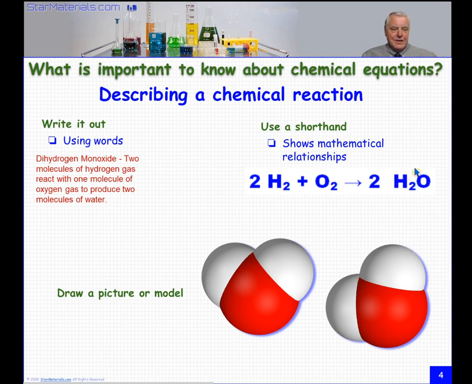We have two H2O: H1, H2, O, one molecule. So we have two of these. Here's one, and here's the other. So we can describe a chemical reaction using words, using mathematical relationships or shorthand, or draw a picture of it.